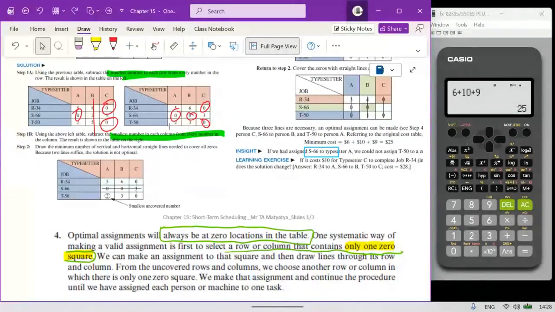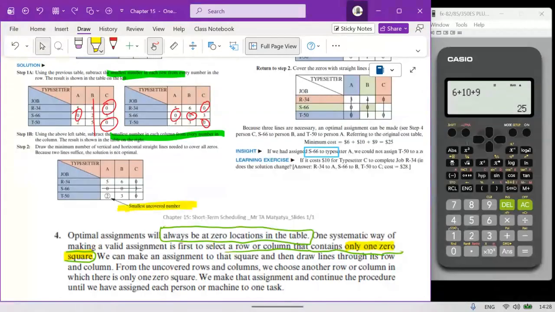So if you draw lines that cover all these things, you can see that they are saying that this is not sufficient. That's why we needed to do this one of the smallest number uncovered.